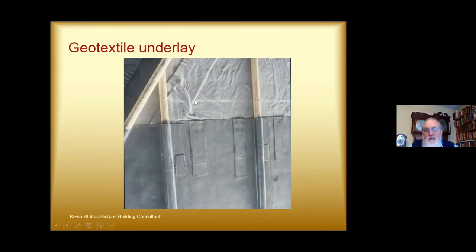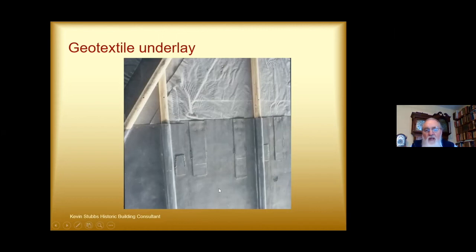Over the last 30 years, geotextile underlays, that's man-made material that's sort of needle punched to allow ventilation, is used. Very important that if you do use this material, that it's water repellent. Otherwise, it acts like a sponge, and with capillary action, you can get water pulled into the roof structure beneath.